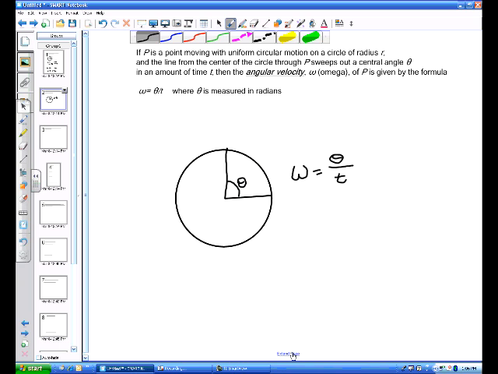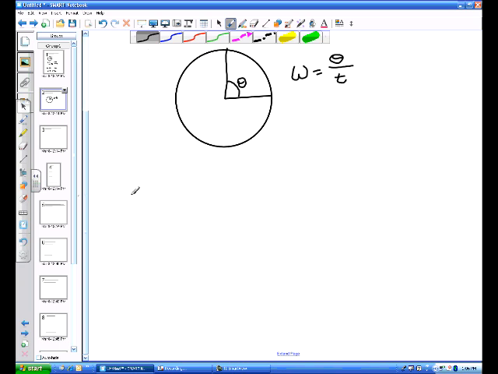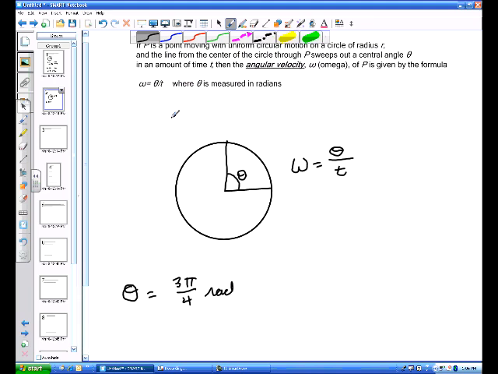So if we had a problem and we were given that our central angle was 3 pi over 4 radians. And I didn't stress it. It said it in the formula up here, but I didn't stress that theta has to be measured in radians.